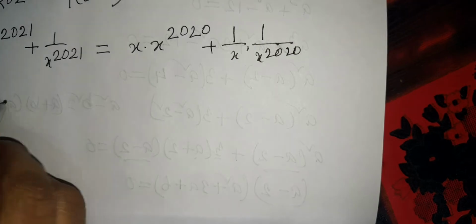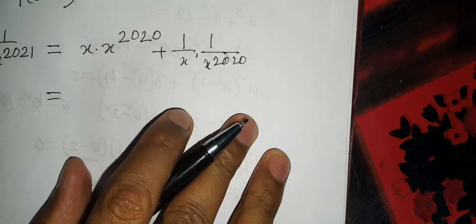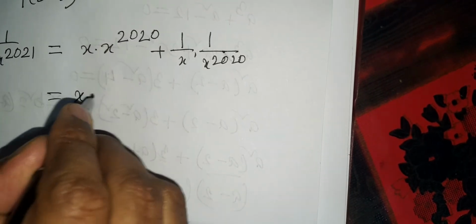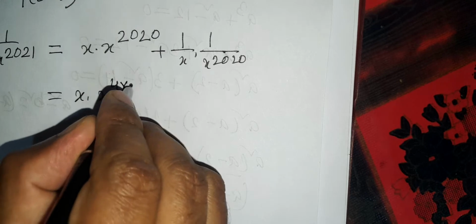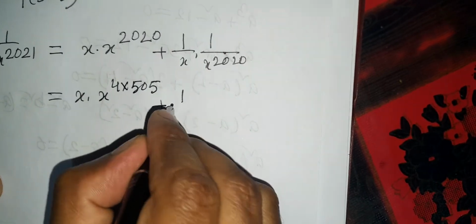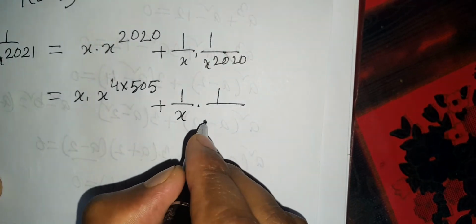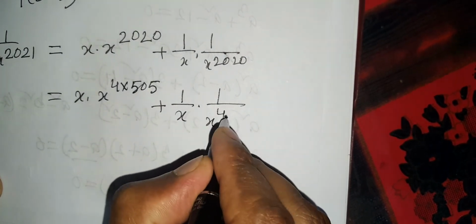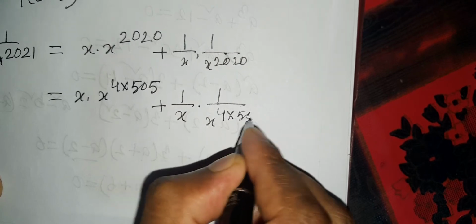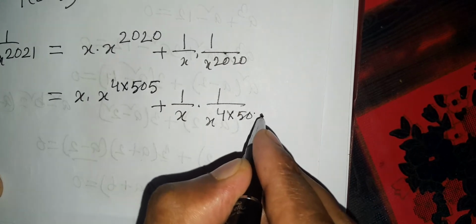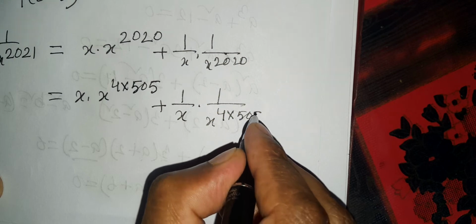Okay, and we write here x into x to the power 4 into 505, and here we can write the x to the power 2020 as x to the power 4 into 505.